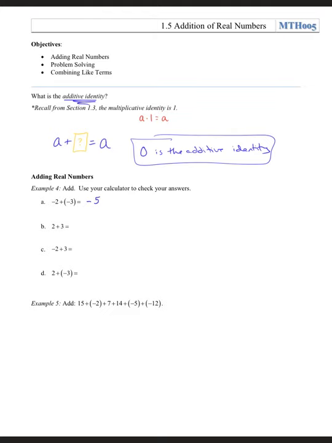You're at a +2, you're adding 3 more, you're at a +5. Now what we want to look at is that we have -2 plus 3. So if we're at a -2 and we add 3 to it, right, we're left with a +1. And then lastly, if we're at 2 and we subtract 3, we're left with a -1.